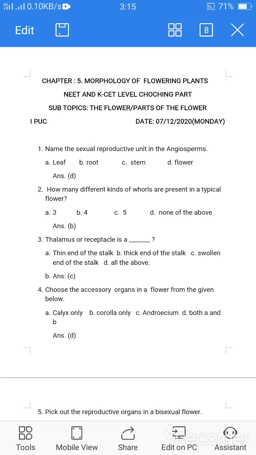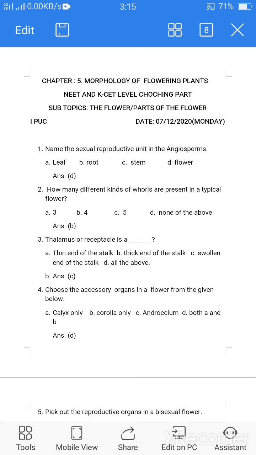Next, second question. How many different kinds of whorls are present in a typical flower? Option A, 3. Option B, 4. Option C, 5. And option D, none of the above. The correct answer is option B, 4. Just now we had a discussion. There are 4 whorls or rings present in an angiospermic flower, from outside to inside as follows.